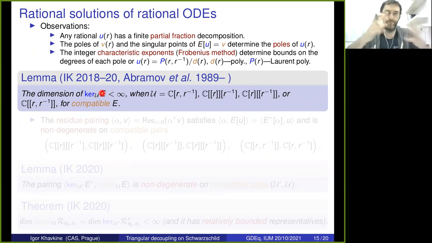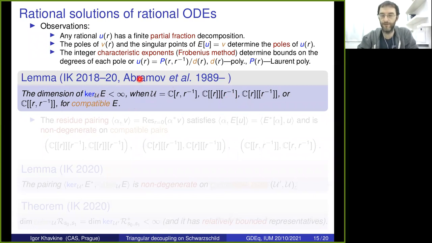Otherwise, you don't get the appropriate finiteness properties on multiplying series by series. So it turns out that using these ideas, you can prove that the kernel of the rational ODE that we want to consider is finite dimensional in each of these spaces.